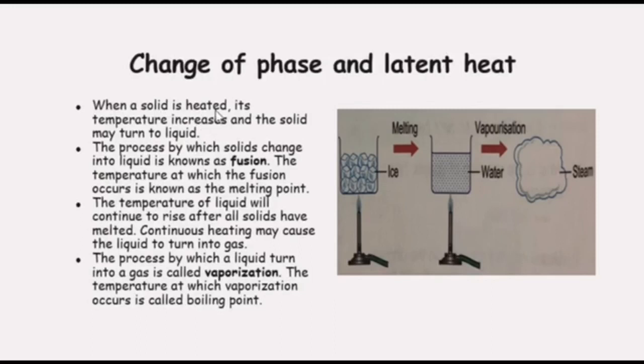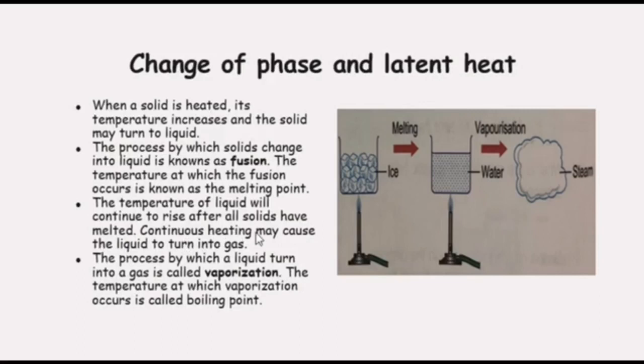Next, we will see change of state and latent heat. When a solid is heated, its temperature increases and the solid may turn to liquid. The process by which a solid changes into liquid is known as fusion. The temperature at which fusion occurs is known as the melting point. The temperature of the liquid will continue to rise after all the solid has melted.